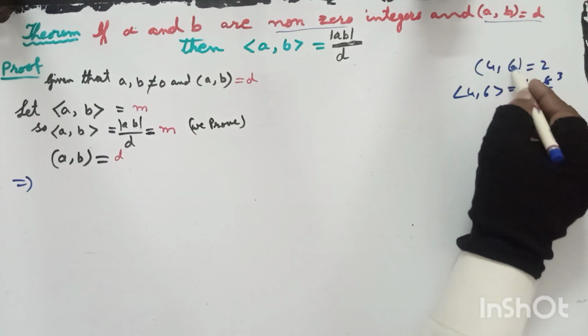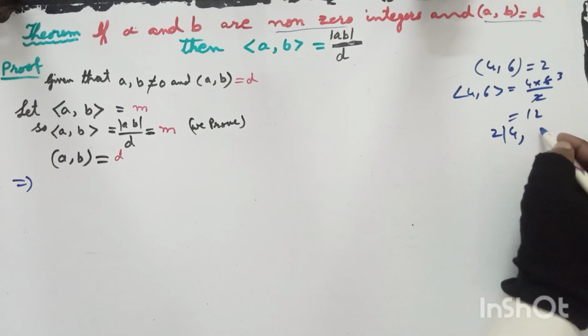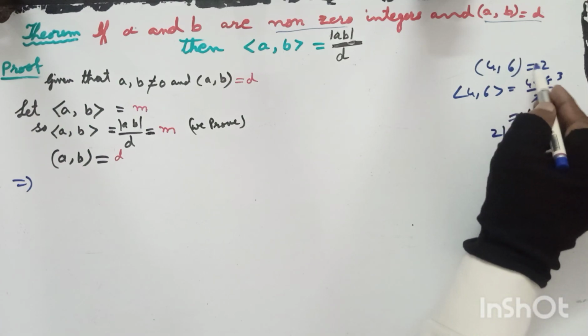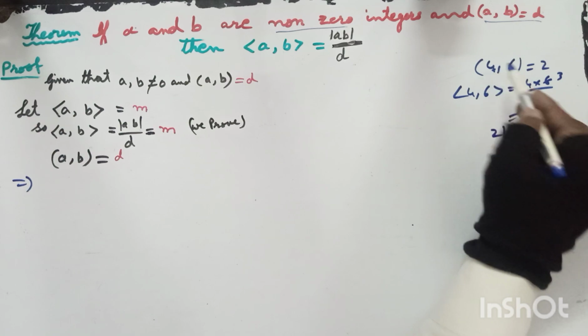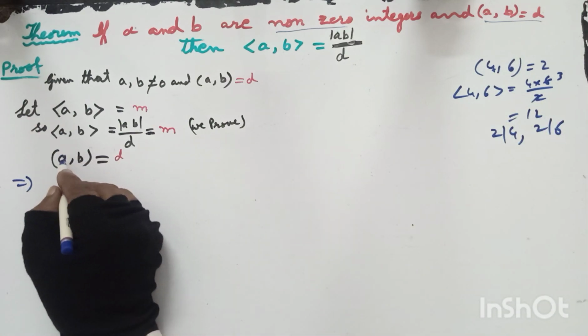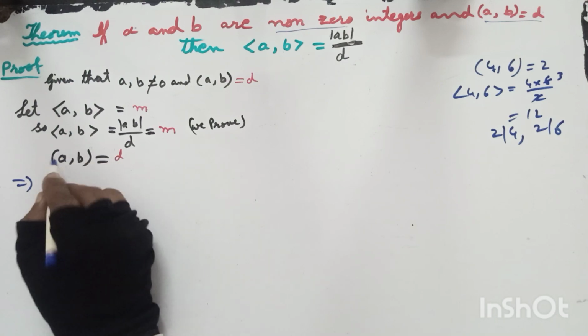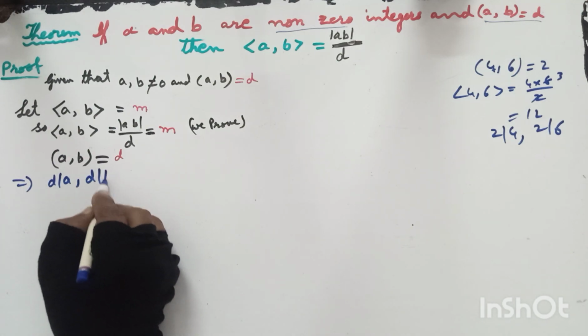If the greatest common divisor of 4 and 6 is 2, then 2 divides 4 and 2 divides 6. So the divisor must divide these numbers: d divides a and d divides b.